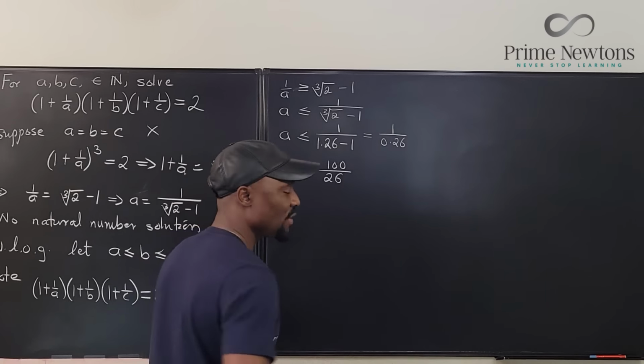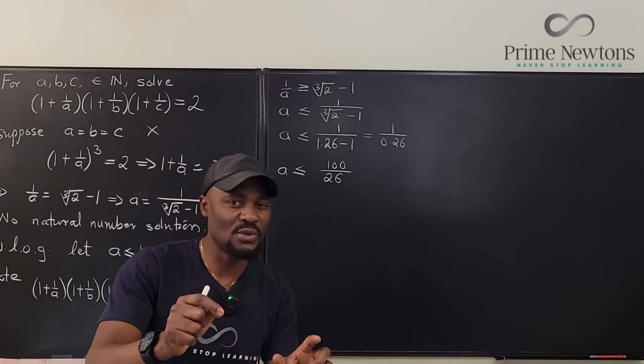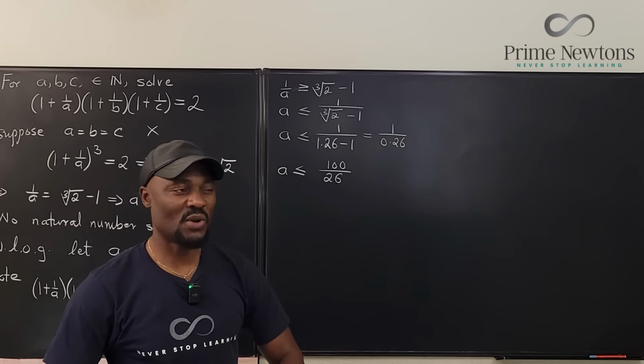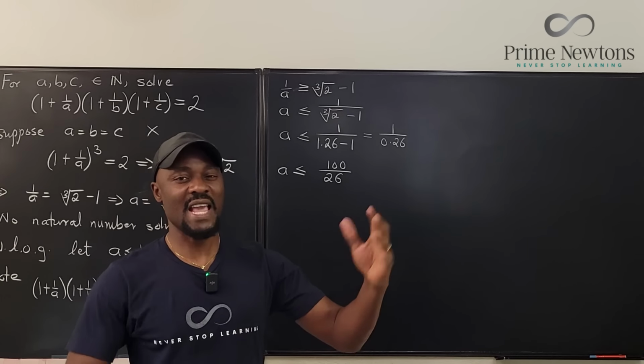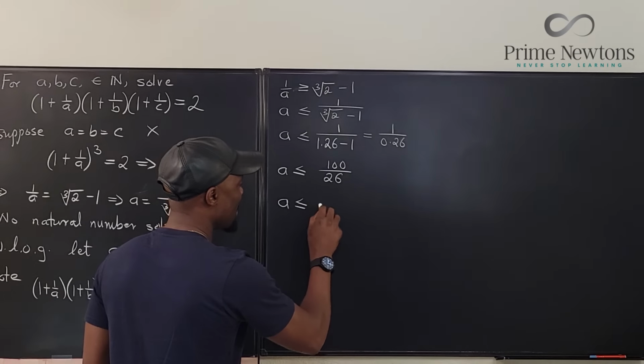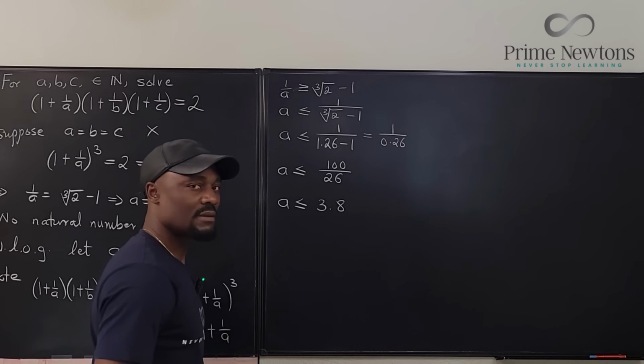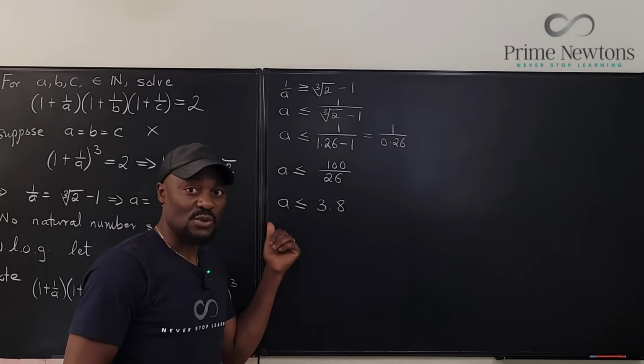Now tell me, what is 100 over 26? How many times will 26 divide 100? Not up to 4. So it is more like 3.8 or 3.9. So A is less than or equal to, let's just say 3.8. Remember, A is a natural number.